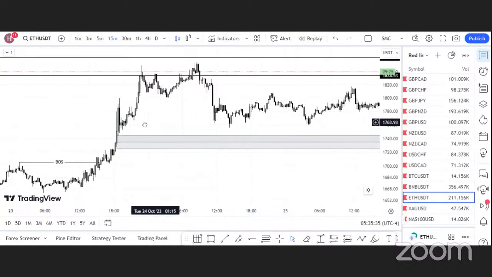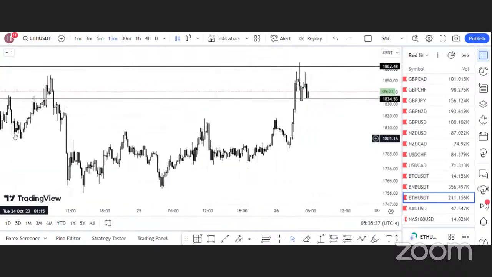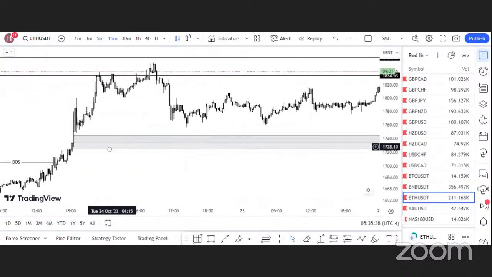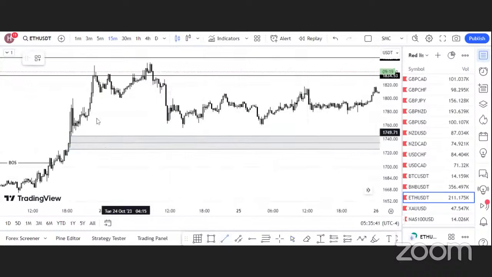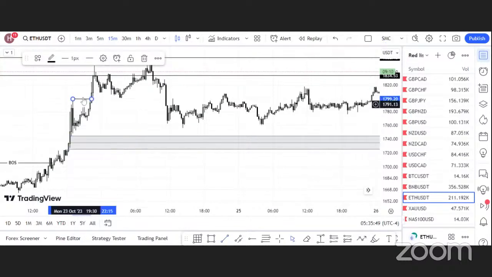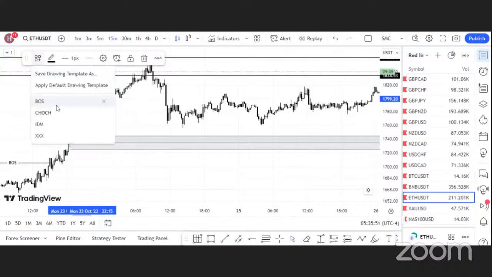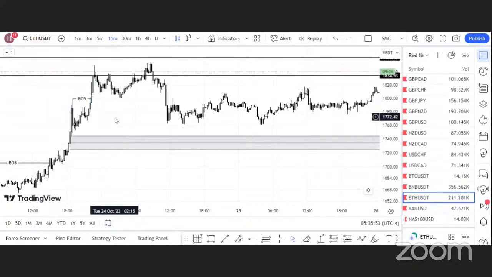All right. So after all of this was created, we had this change of character. Okay. While we were waiting for the market to come to this area, we had this break of structure. Right. So that means the market has moved past this area. Yes, as I've said earlier, the market will do that sometimes. All right.